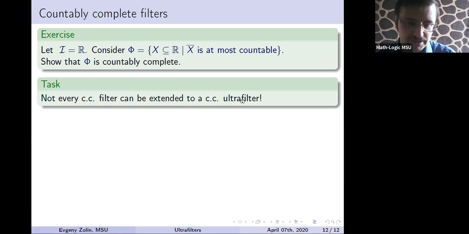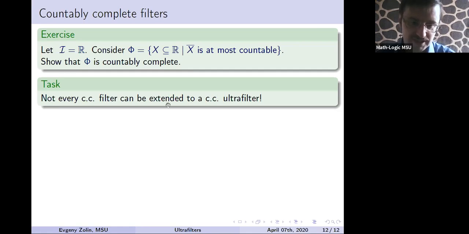Ultrafilters have much more sets than filters, and these new sets are bad in some sense. The countable intersection of them may be empty, so not an element of phi.